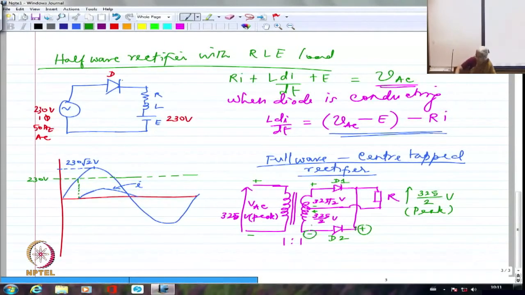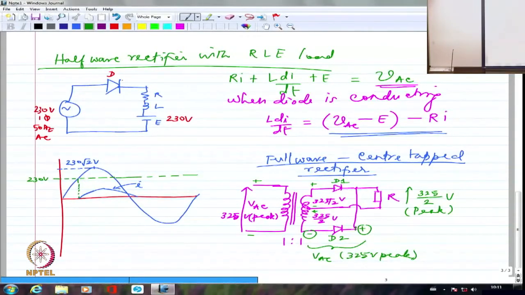So the peak inverse voltage rating, we call this the peak amount of reverse voltage that the diode has to block. How much the diode has to block? Although the output you get is VAC by 2, the amount of voltage that it needs to block during reverse biasing condition is full VAC, whatever is the peak at that point in time.